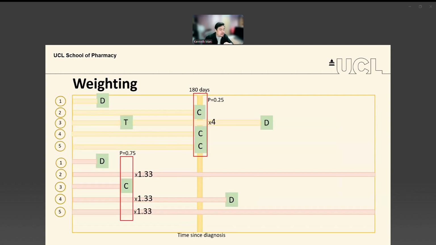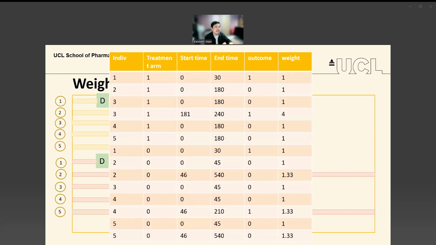After we apply the clone-censor-weight, the data set will become something like this. Patient number 1 is straightforward because patient number 1 died at day 30. So for both of patient number 1's clones, no matter whether it was allocated to the treatment arm or non-treatment arm, it's the same. Patient number 1 was censored at day 30. And then we do the same for the rest of the patients.